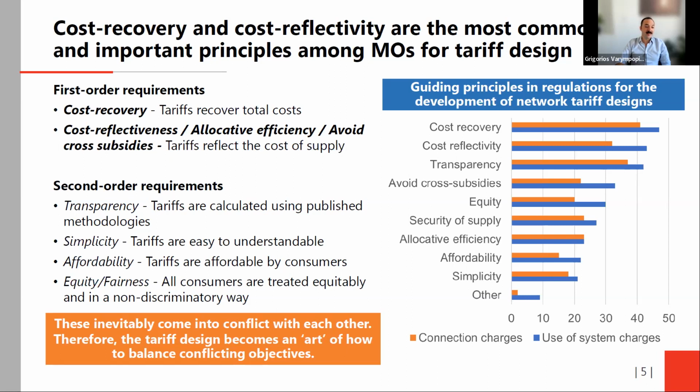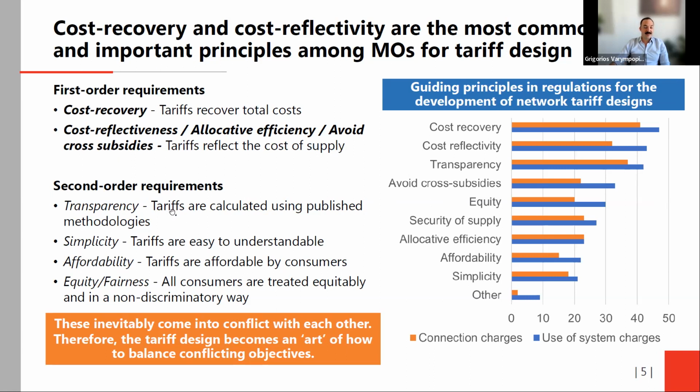Simplicity, tariffs should be easy to understand by consumers and generators, and they should also be affordable for consumers. Equity and fairness is another principle, which means all consumers should be treated equitably and in a non-discriminatory way.